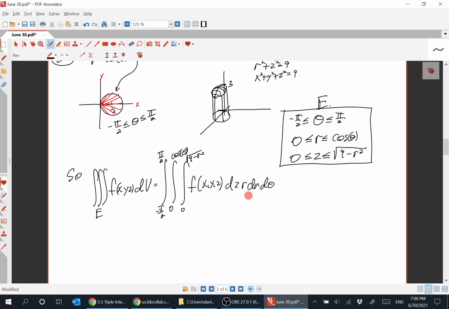You don't have to change to r and theta until you've evaluated the dz. After you evaluate the dz, then you go in terms of r and theta. Okay.